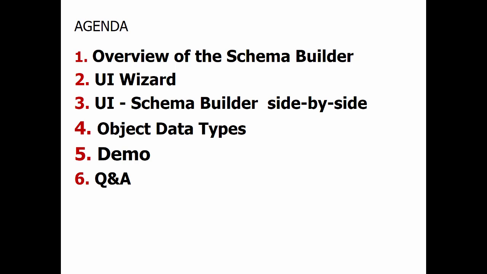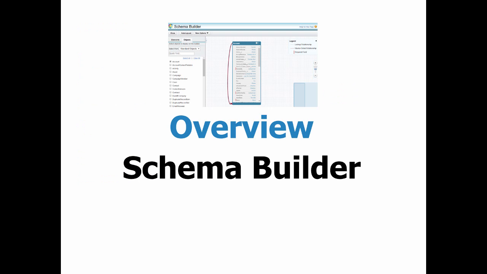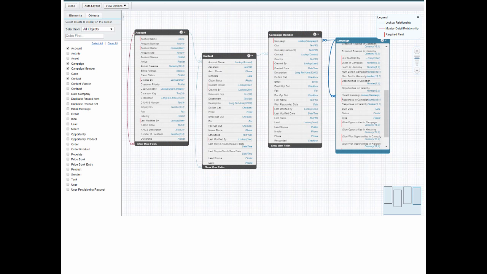Okay, so let's start with a brief overview of the Schema Builder. Here it is. It's a dynamic environment in the sense that you can move things around, highlight things, and activate objects by clicking on the little check boxes on the left-hand side and view them. There's an object selection up here.